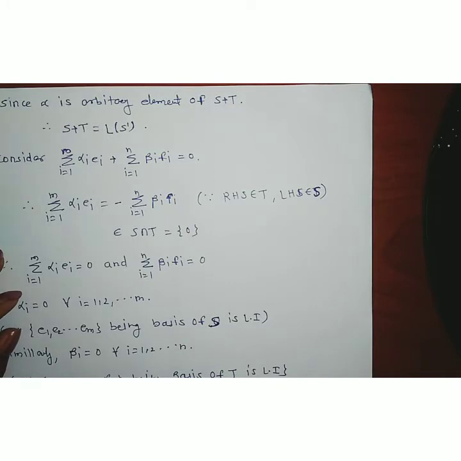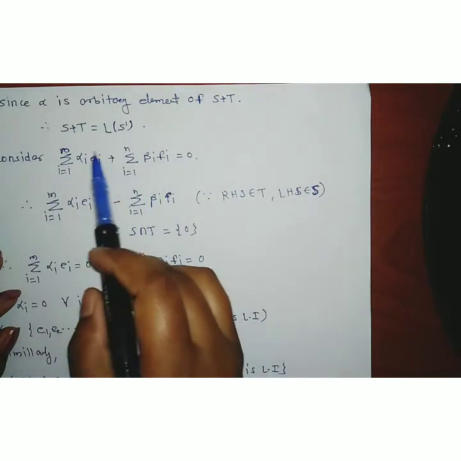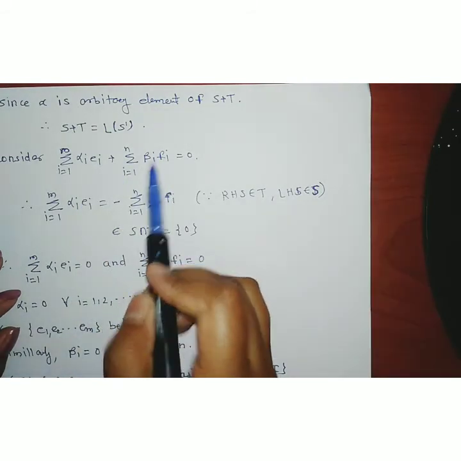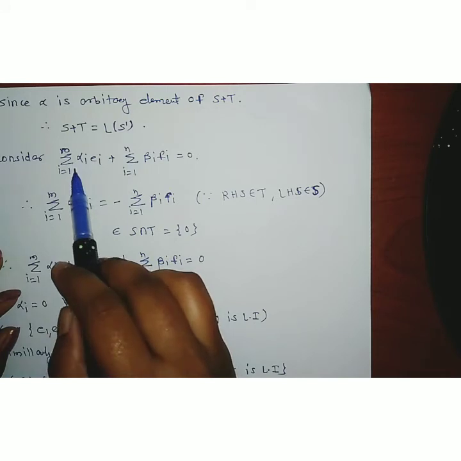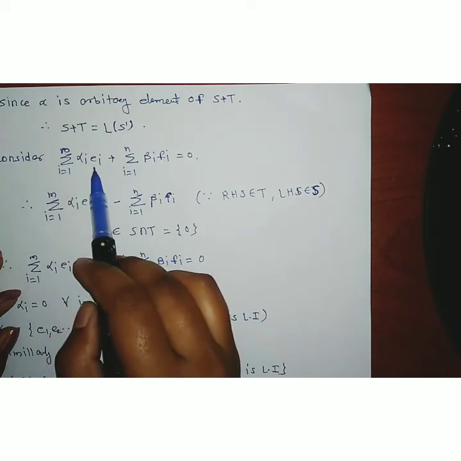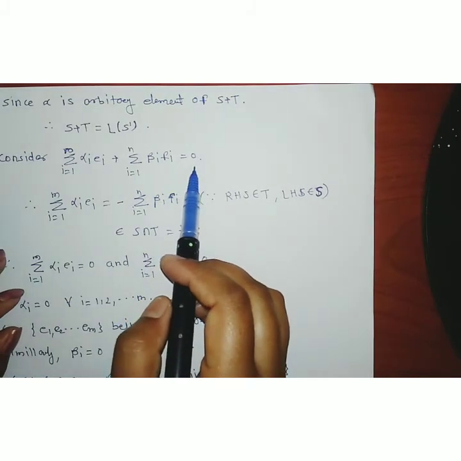Now we have to show that this set is linearly independent. For showing linear independence, we take a linear combination of that set, put it equal to 0, and show that the scalars alpha i and beta i must be 0. So take the linear combination, summation i from 1 to m alpha i ei plus summation beta i fi equal to 0.